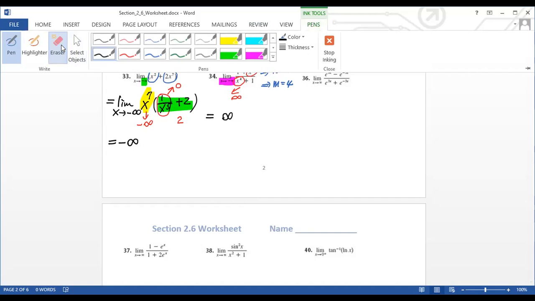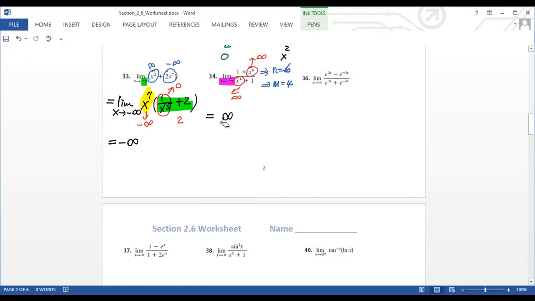If you're not sure, you can always do it like this. You say the limit as x approaches negative infinity, and like we talked before, you can factor.